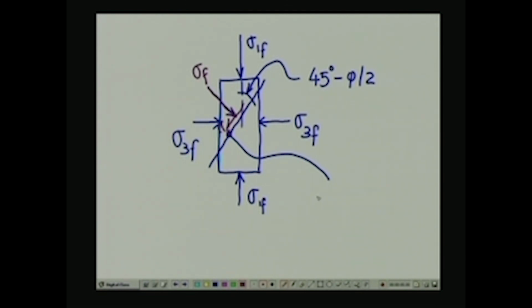So then the relationship between tau f and sigma f is going to be tau f is equal to sigma f tan of phi plus c.